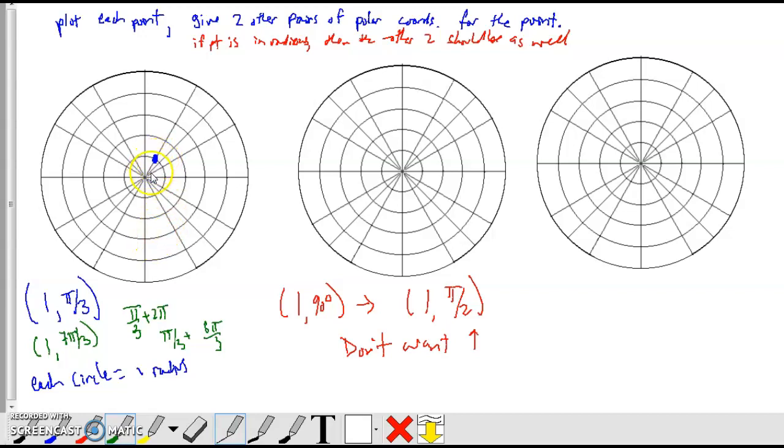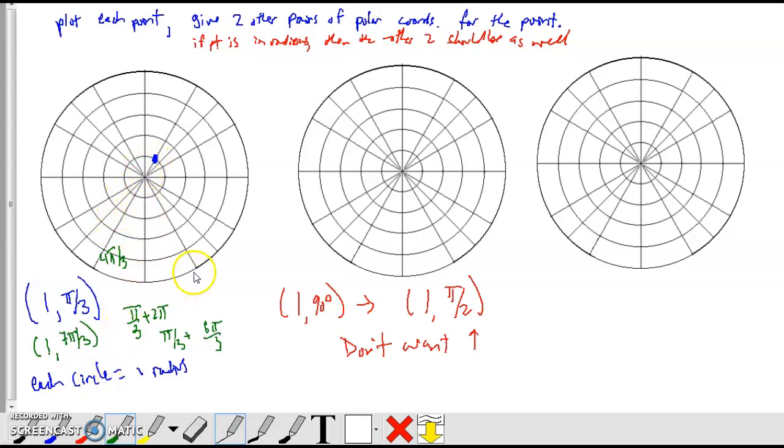Now I kind of want to use a negative r value. Okay, so if I think about this, if I want it to be on this line, then this line would also be this 4 pi over 3 line. But I don't want to go towards 4 pi over 3. I want to go away from 4 pi over 3.